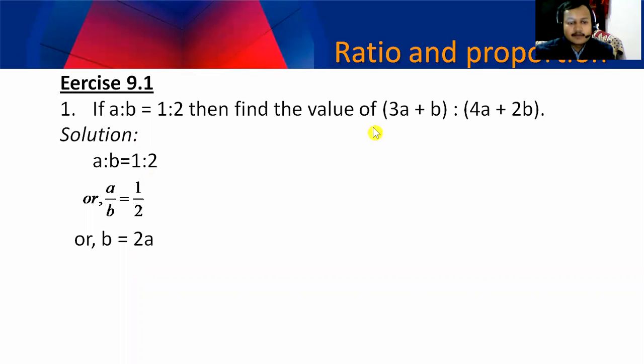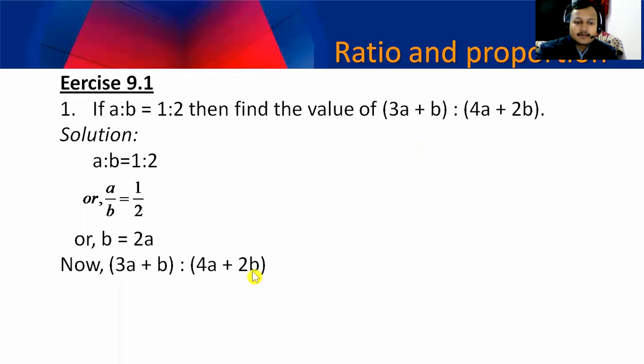Now we have to find out the value of 3A plus B is to 4A plus 2B. Write it as a fraction and put the value of B. Value of B is 2A, so in place of B put 2A here.